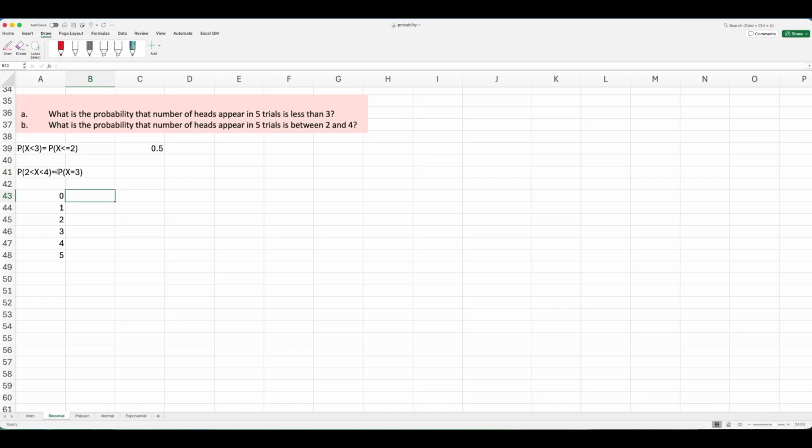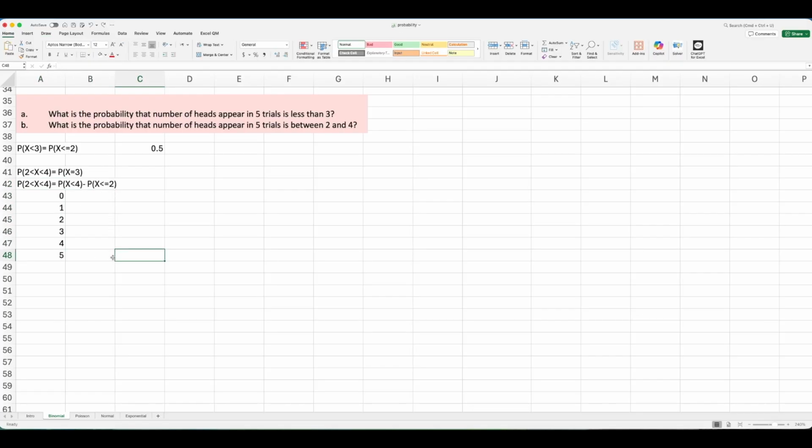Another way, and that's the general way you need to address this question, is putting the range of the values. So the probability that x is between 2 and 4 is the probability that x is less than 4, minus the probability that x is less than equal to 2.